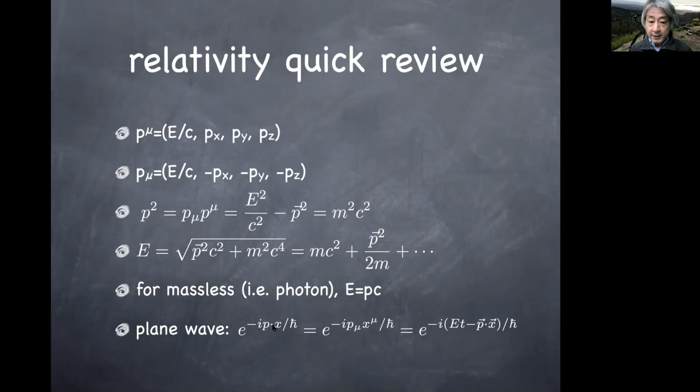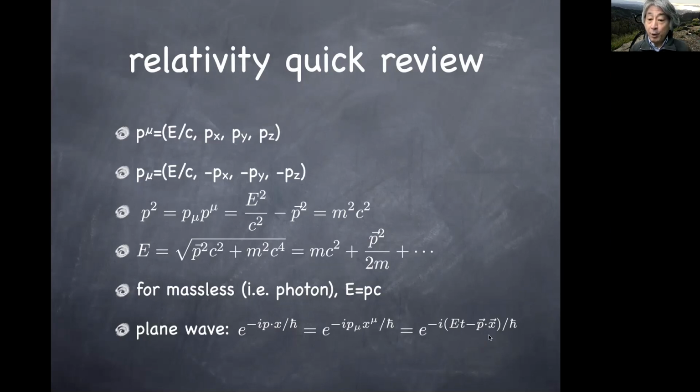This dot is meant to be the contraction of indices between lower index and upper index. Then you immediately can write this as Et minus p dot x. This is the form we have used all along, without knowing that this expression is relativistic. But it turns out to be the right combination we have used for any waves we have encountered so far.